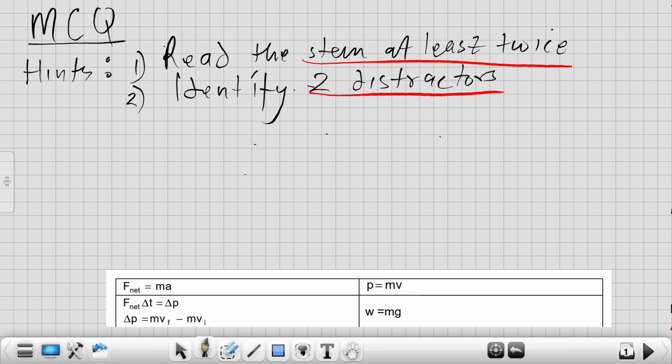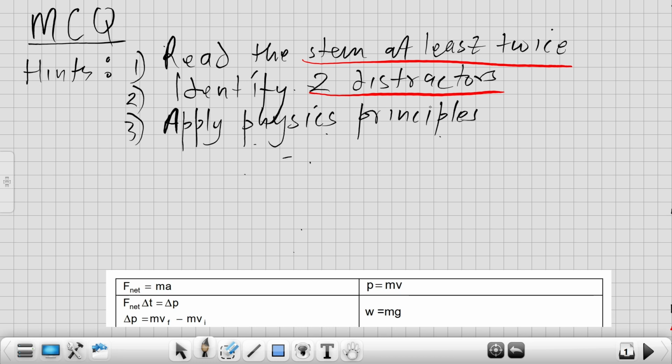To choose the correct answer, I must now apply physics principles, to eliminate one incorrect answer.